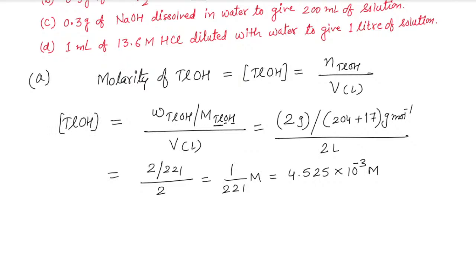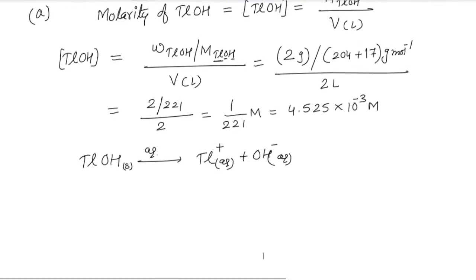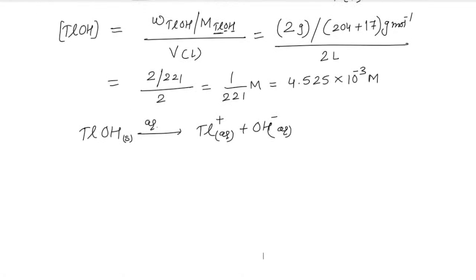Now thallium hydroxide is a monoacidic base, so in aqueous solution, because it is dissolved in water, it becomes thallium 1 plus aqueous and OH negative ion aqueous. Nothing is mentioned, so we consider it as completely dissociated.